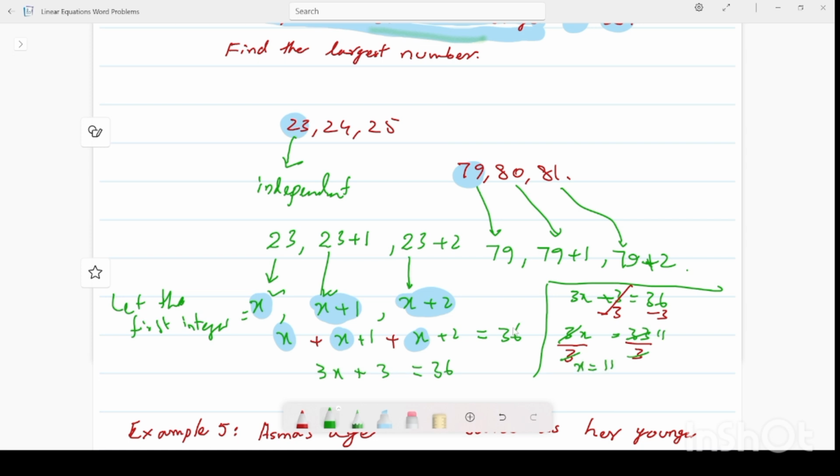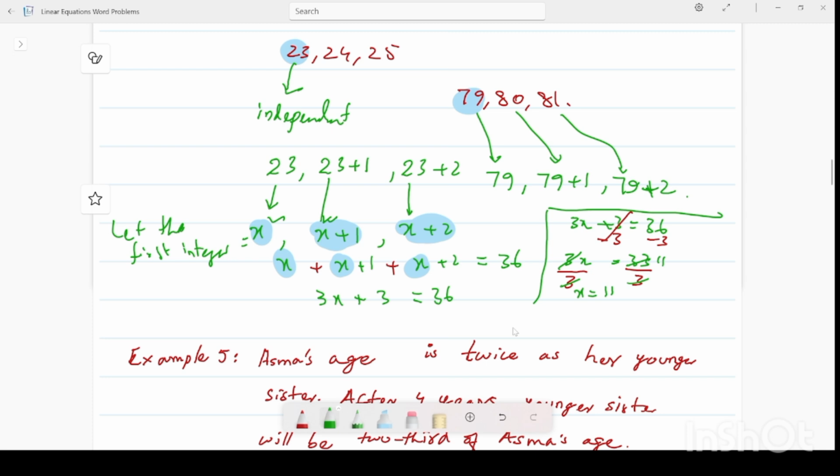Now the first number is 11. What three numbers did we have? We had the number x, then the other number was x plus 1, and the third number was x plus 2. So x was 11, the other one was 11 plus 1, and the third one was 11 plus 2. So the numbers are 11, 12, and 13.